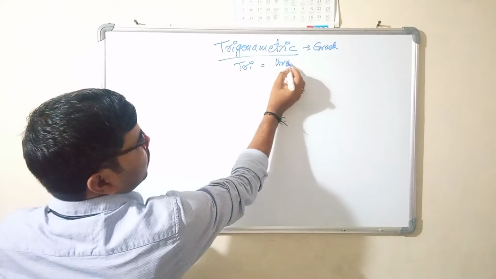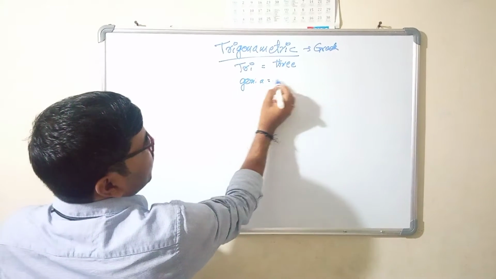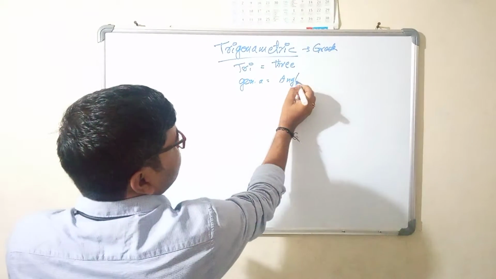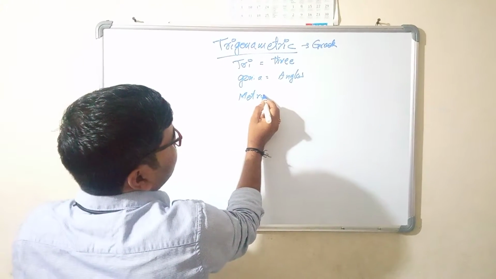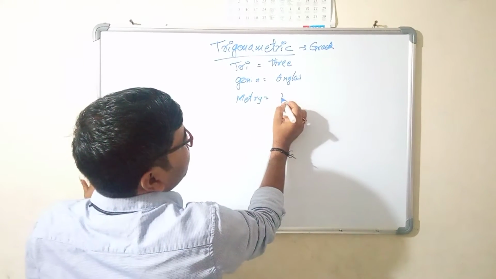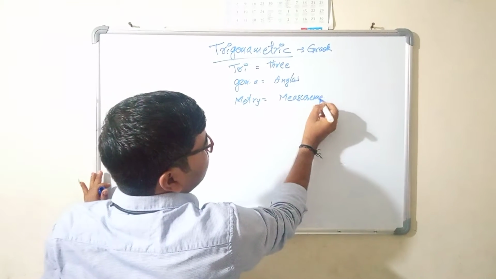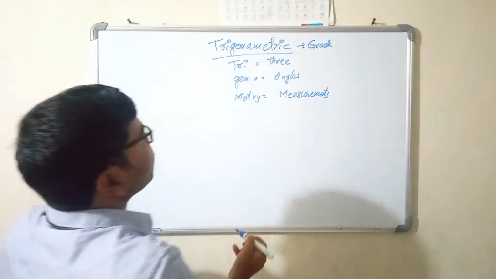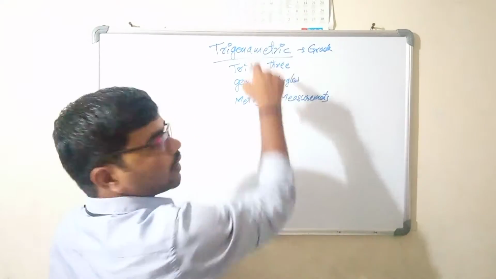Next, gona or gonia means angles. Metri or metron means measurements. This is the measurement of the three angles of a triangle.